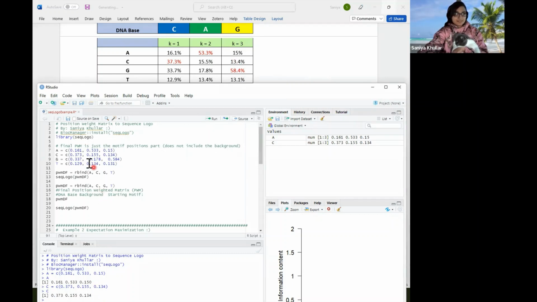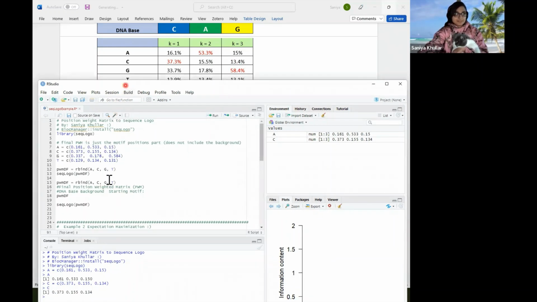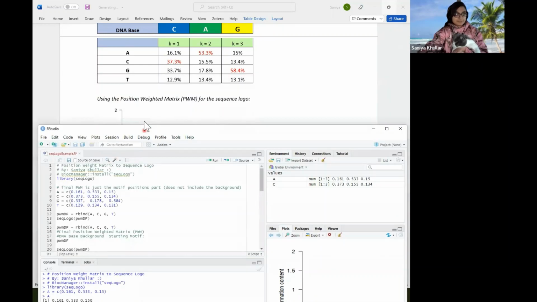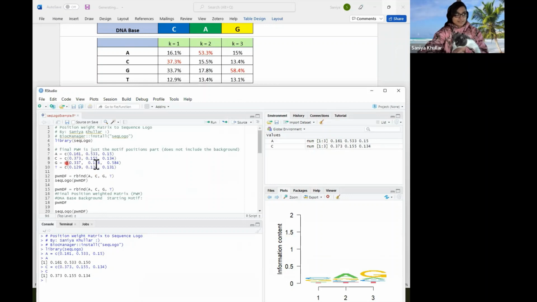Now let's look at this G. This G is similarly a 33.7% chance of having a G in the first position of the motif. That's what the first entry is saying. Then a 17.8% chance of a G in the second position of the motif, and a 58.4% chance of a G in the third position of the motif. That's what this is here.